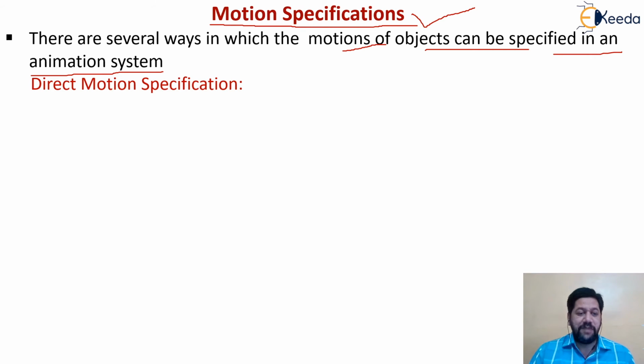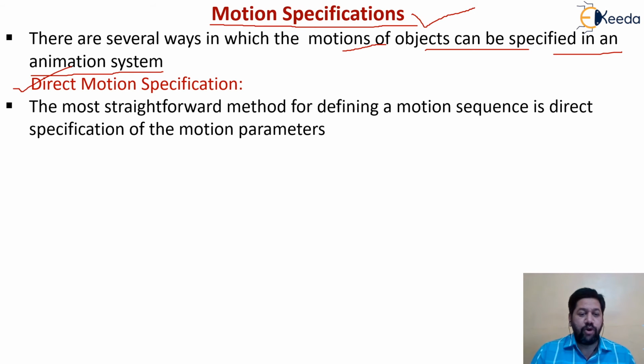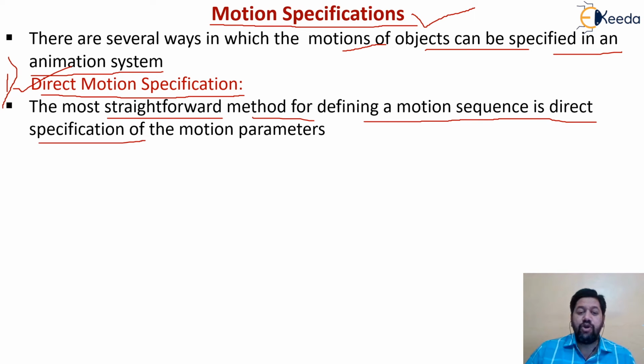The first method, the first way, is direct motion specification. The most straightforward method for defining a motion sequence is direct specification of the motion parameters. Directly, I am going to specify all the motion parameters.